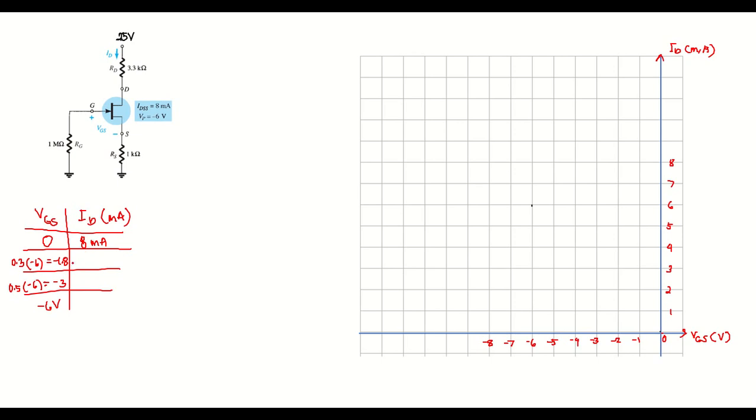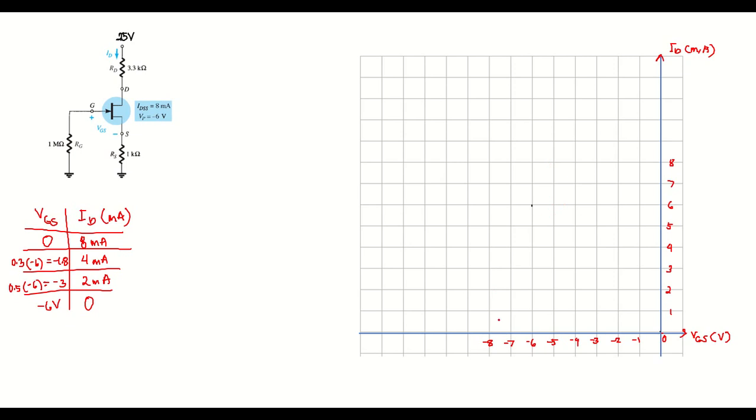Next is IDSS divided by 2, so we have 4 milliamperes, and then the next one is IDSS all over 4, so that gives us 2 milliamperes, and for the last one, ID is set to 0.